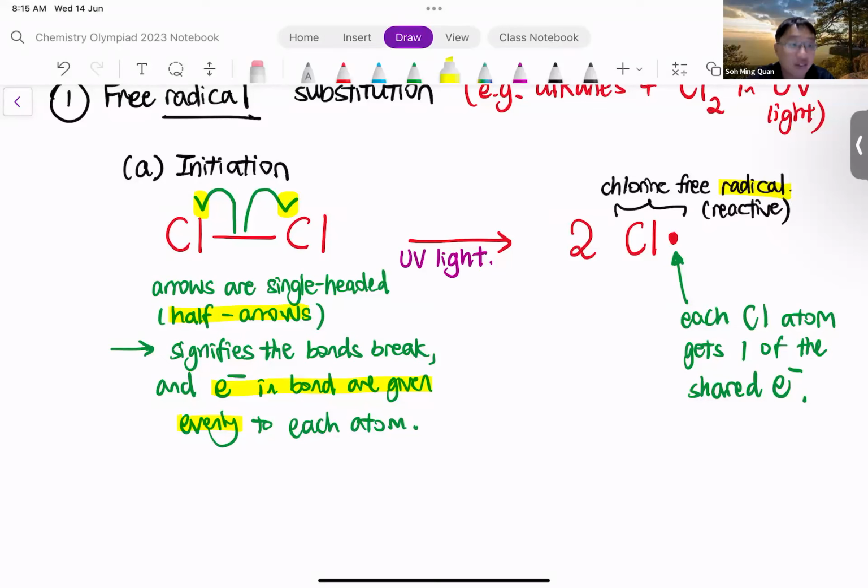Therefore, what you get is a radical with a dot like that. Okay, now this has a name. This is called homolytic fission of the Cl-Cl covalent bond. Homolytic fission means the electrons are given equally, evenly back to each atom.